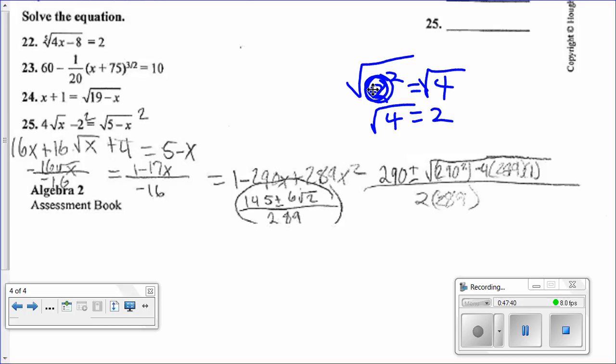Just the same as the square root of 4 is 2. If I just want this 4, all I have to do is square this, because the square root of 4 squared is 4, right? 2 squared is 4.